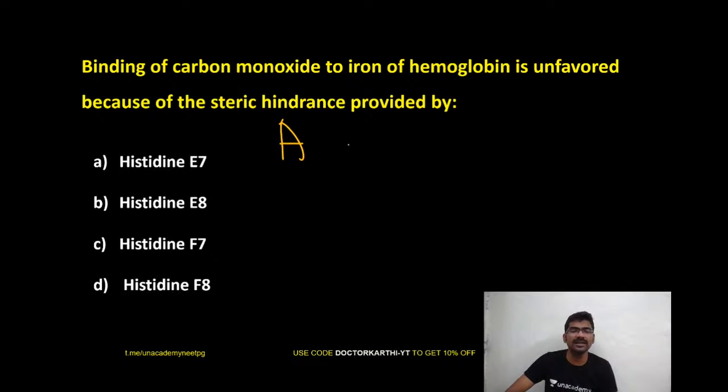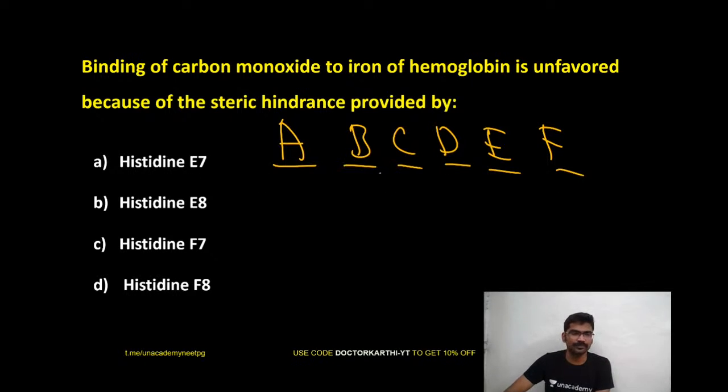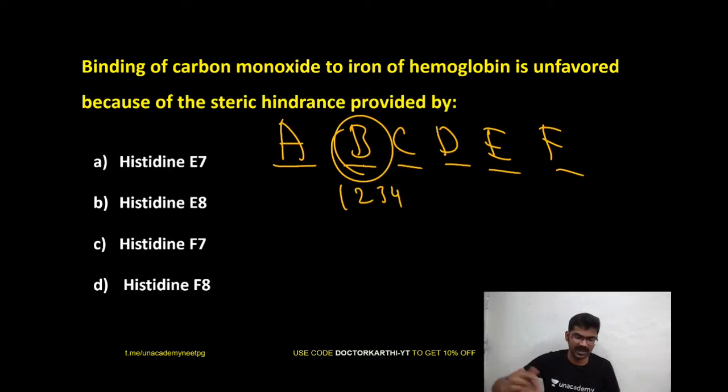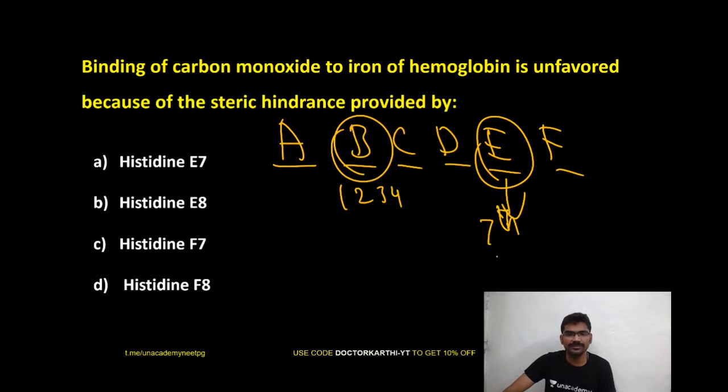The helices are named like this: A, B, C, D, E, F. Each and every helix has a name. In the amino acids of, say, helix B, we name them 1, 2, 3, 4 like that. So E7 means in the helix E, in the 7th position.